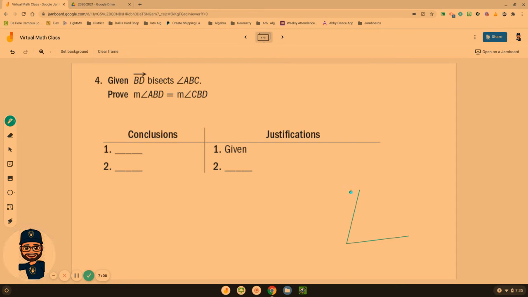Here is A, B, C. We are given that, and then we're also told that this ray right here through D bisects. Well, what does the definition of bisect mean? Hopefully you recognize that it means that these two then would have the same measure.